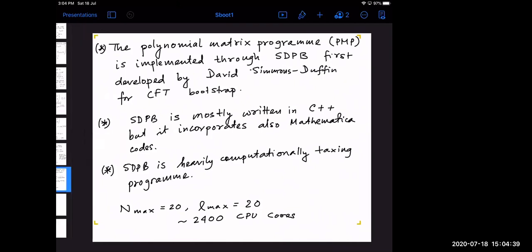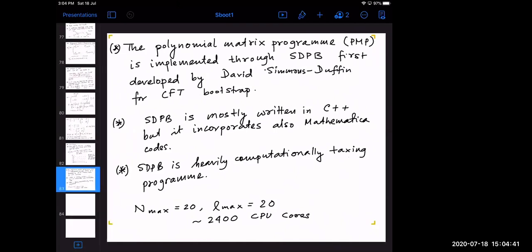So yeah, it's a computationally heavily taxing program. For example, the state-of-the-art SDPB that is used in the case of CFT Bootstrap, people there use systems with 65,000 CPU core clusters, often distributed over 2 or 3 supercomputers in different locations.